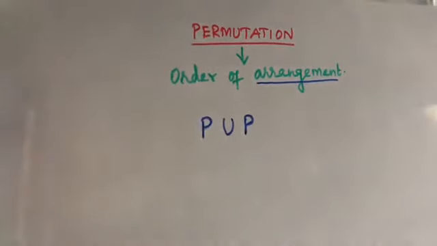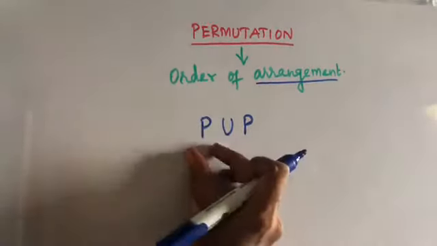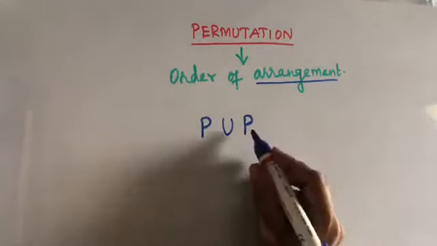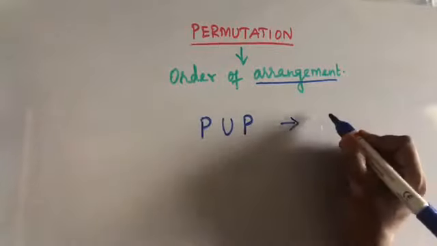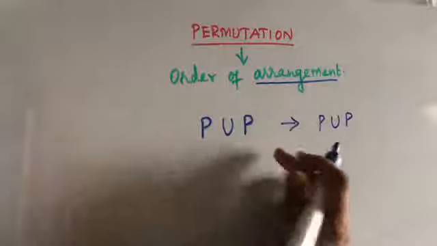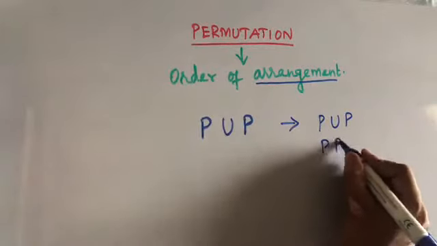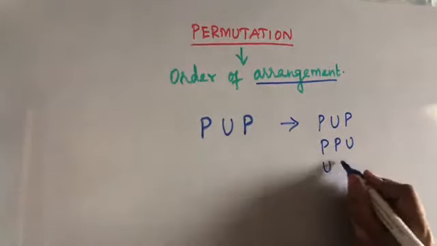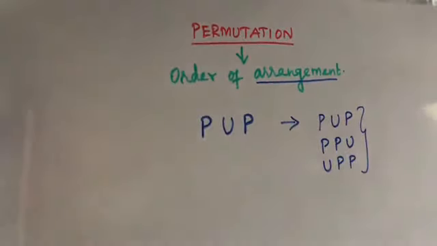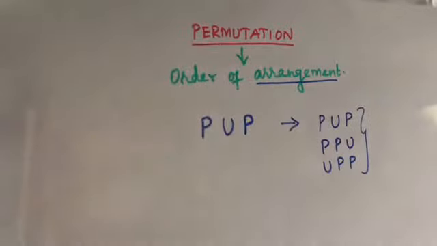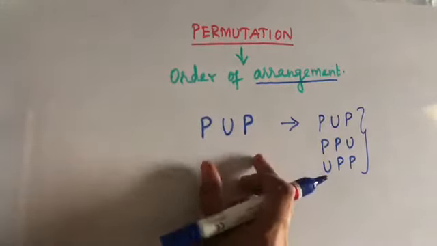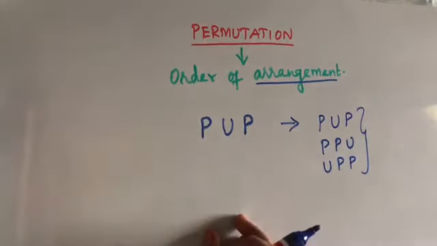Okay, so if the letters are repeated, what do we have to do? The arrangements I can make with these 3 letters are PUP, PPU and UPP. These are the 3 arrangements I can make. I couldn't write any more. So if the letters are repeated, how do we find the number of arrangements?